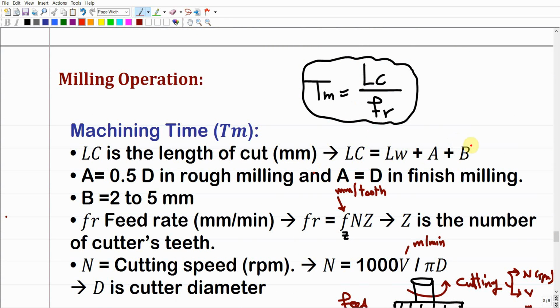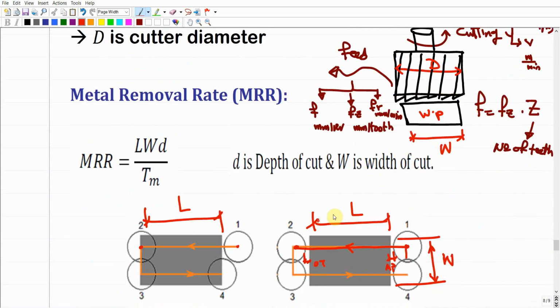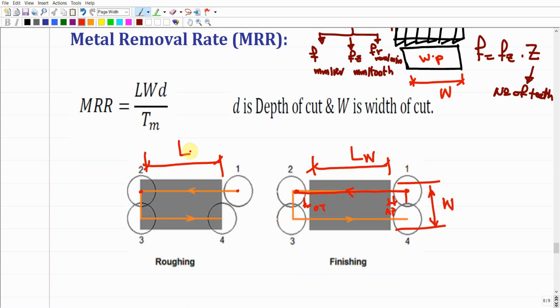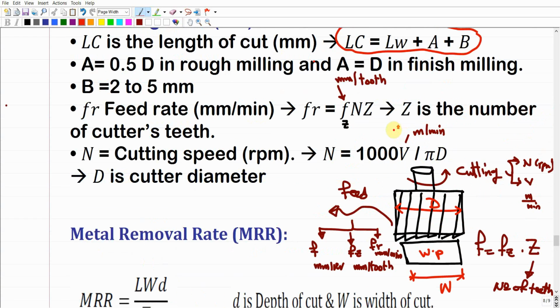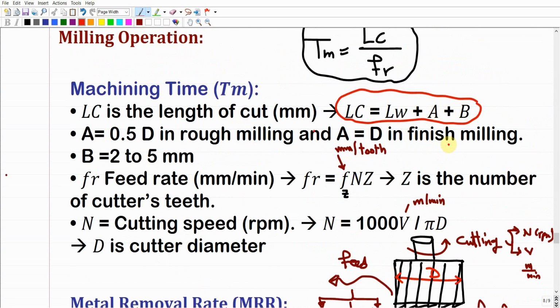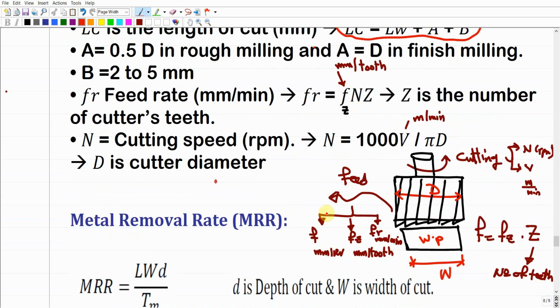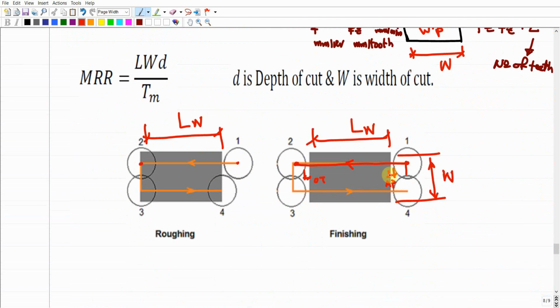Lc will be in this form: Lw, which is the length of the work part, the original length, and we're going to add two values on both sides, A and B. B is the sum of the approach and over travel distance.